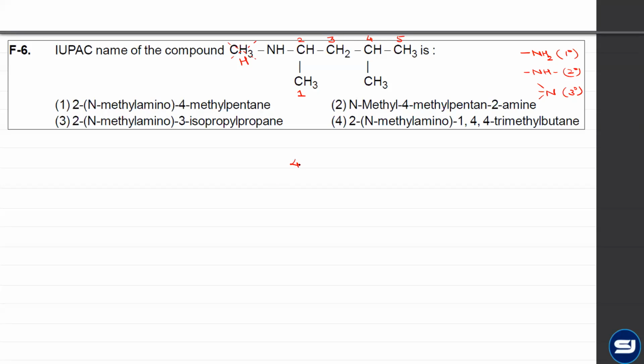इस केस में the name would have been 4-methyl. Parent of 5 would be pent with single bond in, and then the suffix is amine at the second carbon. This would be the name for the primary amine. But now in the actual structure, there is a methyl attached on the nitrogen atom.